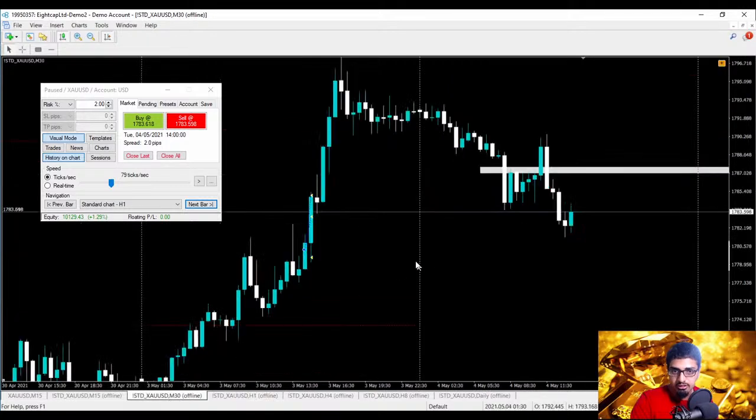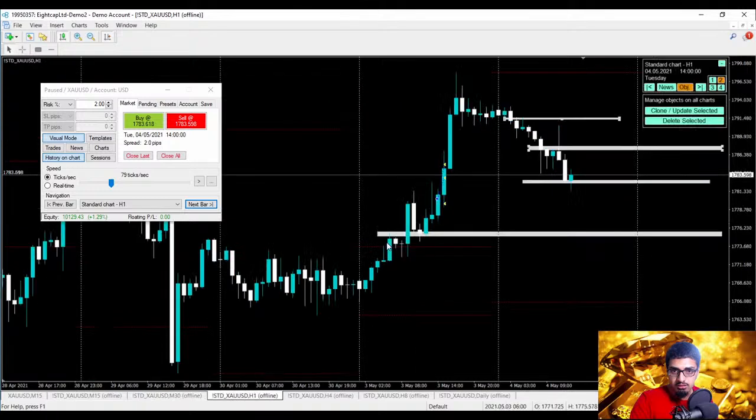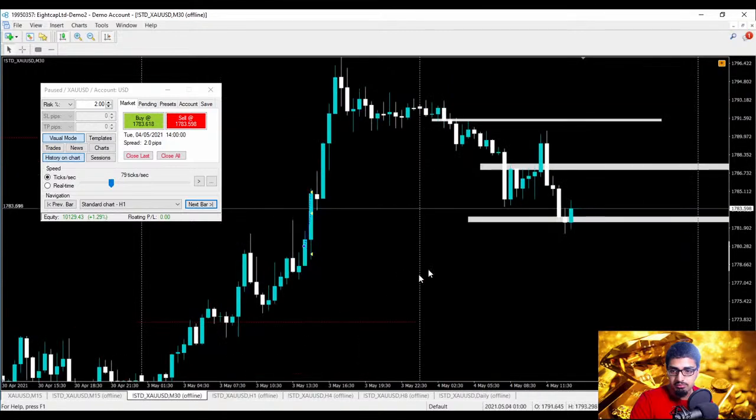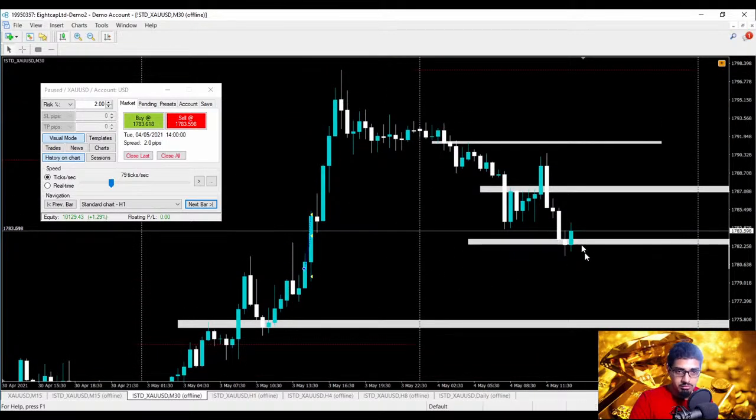Let's go to 30 minute. I need to select it. Select. Let's clone. There we go. So sells below here, buys are actually really tricky here. Let's see if we get a resistance formed, and then we'll see if we can look for buys then.